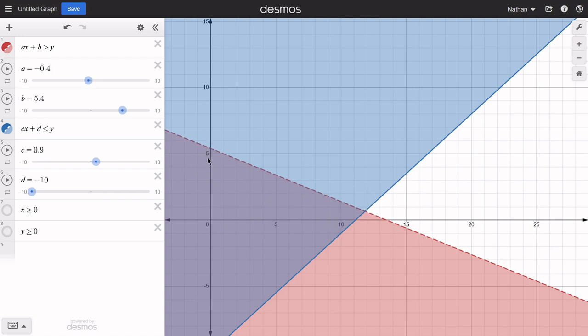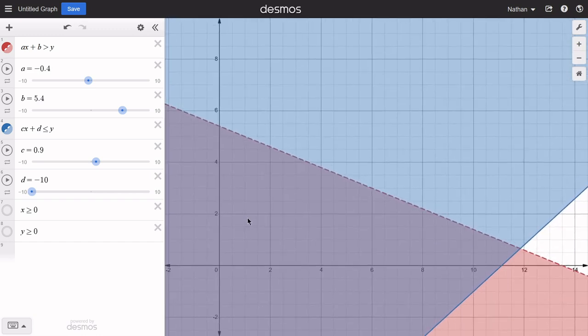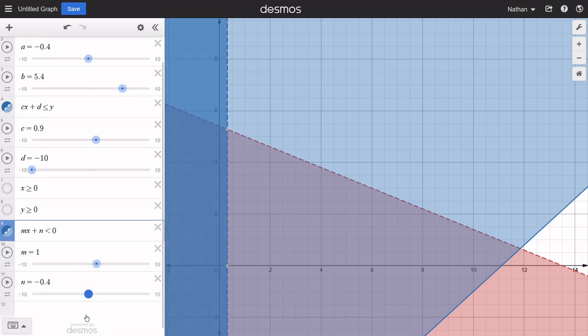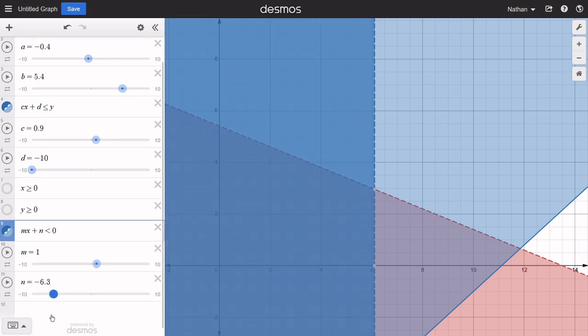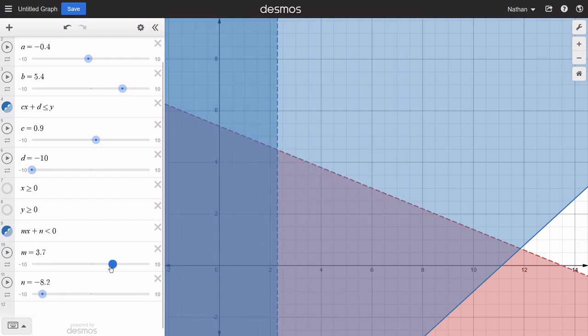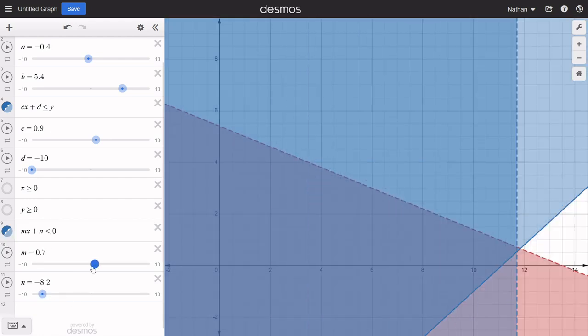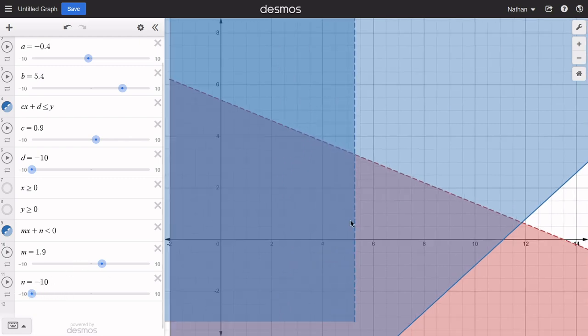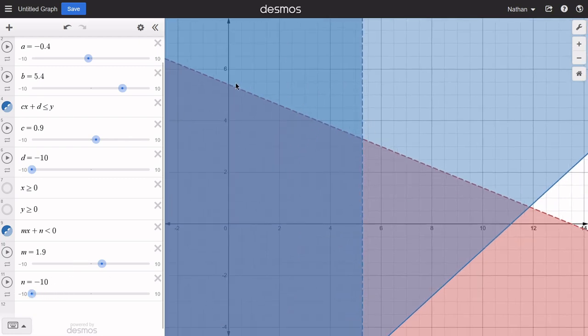And then from there, you can have further inequalities that might cut the space up more. Let's add back in one of them, mx plus n. I guess you could do something like this, where this actually further cuts it down into this piece here.